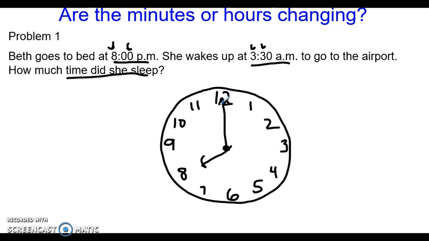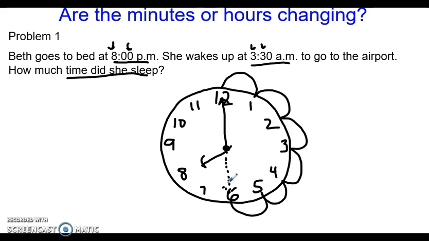I'm going to move the minute hand 30 minutes to see where it goes. So here, I have 5, 10, 15, 20, 25, 30. So, my minute hand is going to end up on the 6 for 30 minutes.